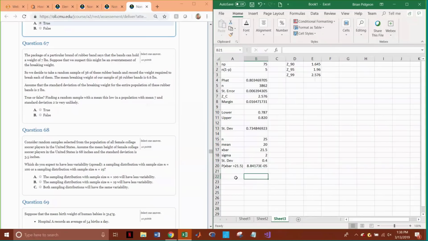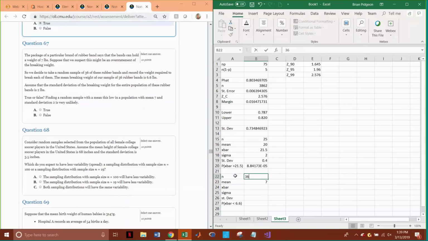All right, same question, just different scenario. n, mean, x bar, sigma, standard deviation, probability that x bar is less than 6.6. So the package of a particular brand of rubber bands says that the bands can hold a weight of 7. That's our mean.